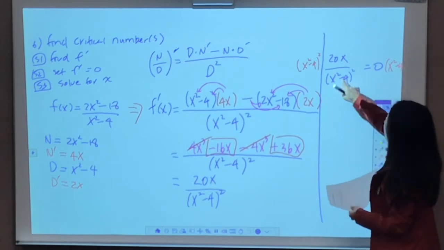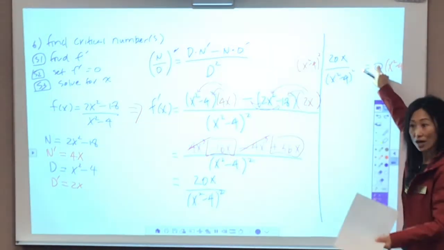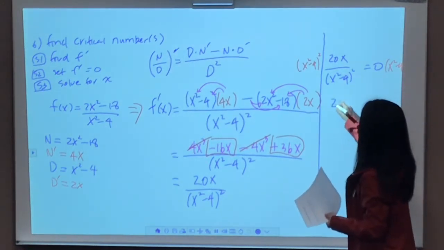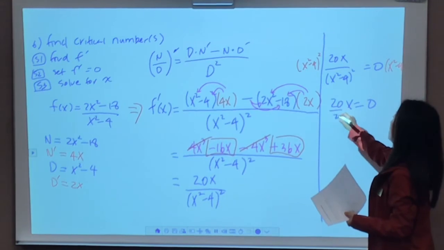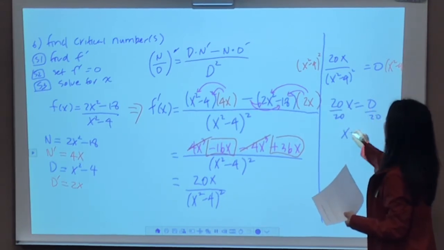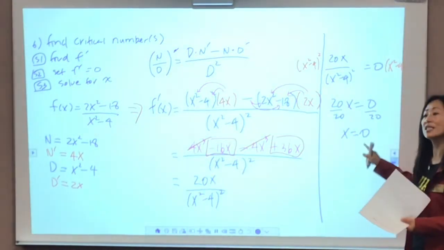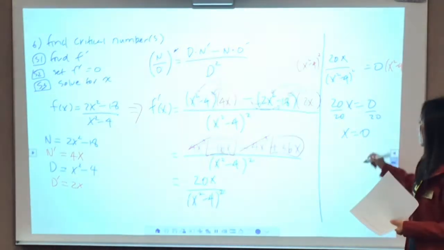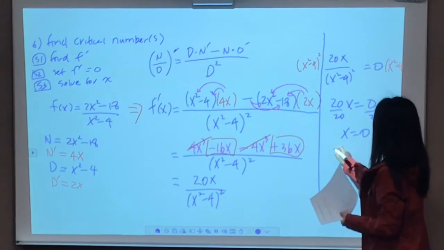The reason is, whenever you multiply anything with a 0, it's still what? 0. Okay. So I have a 20x is equal to 0 divided by 20, which is still give you x equal to what? 0. So that is a critical what? Number.